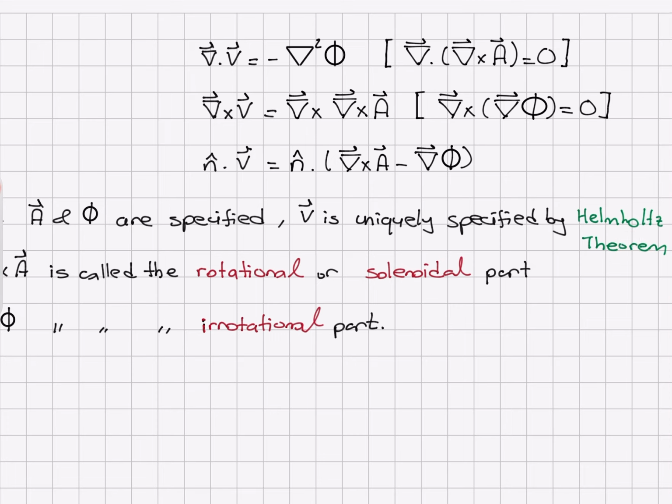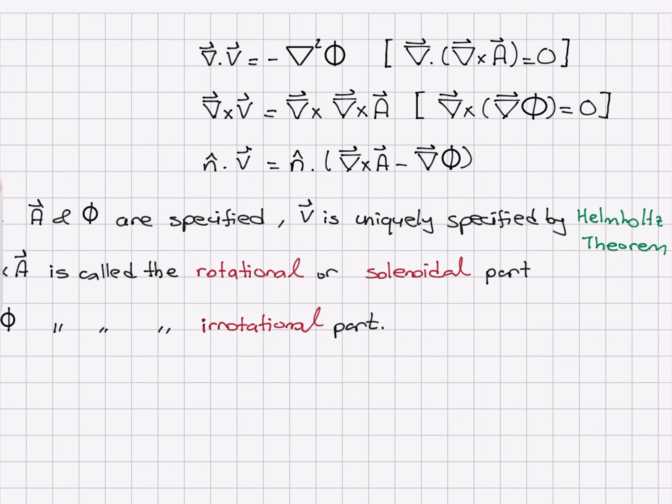Helmholtz theorem tells me that if you know the divergence and the curl of a vector field within a certain region and its components along the normal to the surface at the boundary of this region, that vector is uniquely determined.